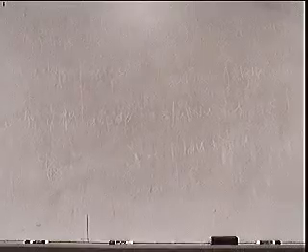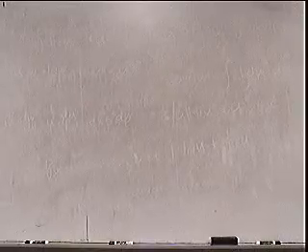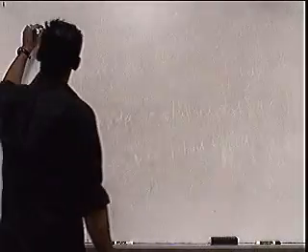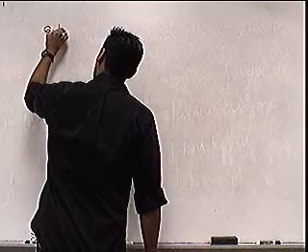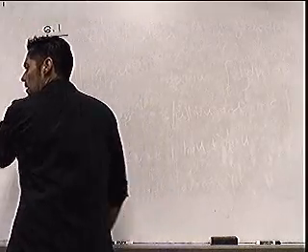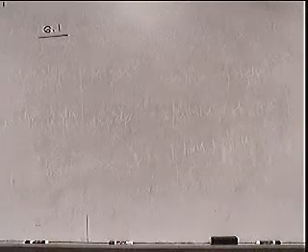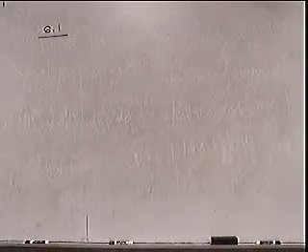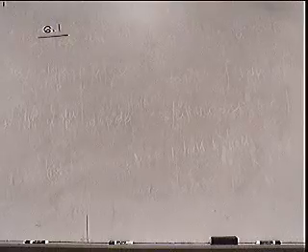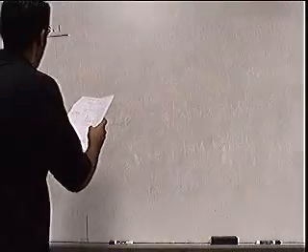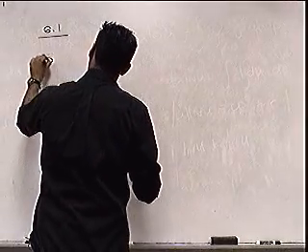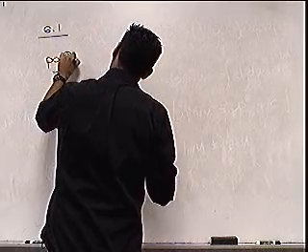This is page, you know what, I don't have the page number, sorry. This is section 6.1. Hold on. Never mind, I have it right here. That's homework. This is page 316 in the book.